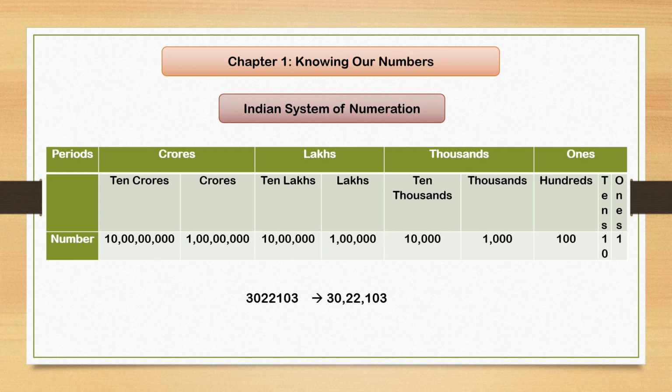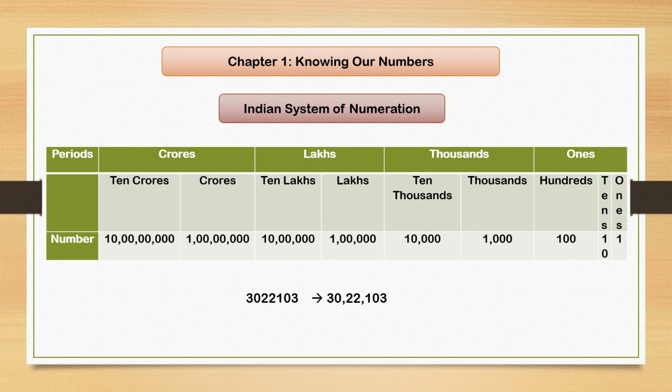The ones period has three place values, which is read as ones, tens and hundreds. The next three periods, which are thousands, lakhs and crores, have two place values each, and it is read as thousands, 10,000s, lakhs, 10 lakhs, crores and 10 crores.